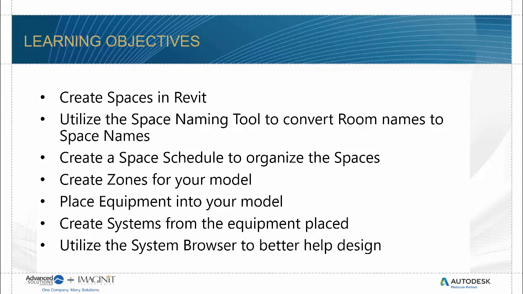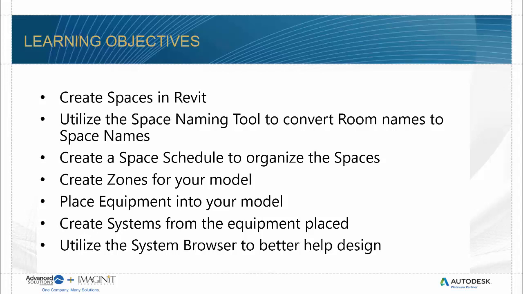Once we've created the zones, once we've zoned out things that we're looking at, we might want to go back and start placing the equipment in our model. So go in, start placing in air terminals, start placing in VAV boxes, any other type of equipment that we might want to have to start getting our design in place. Once we place in the equipment, we want to go in and create a system based on the equipment that we've placed in.